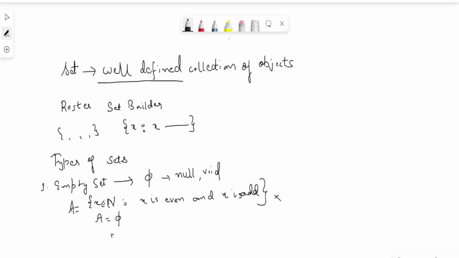Another example could be the set of all students who are currently studying in class 11th and class 12th, right?